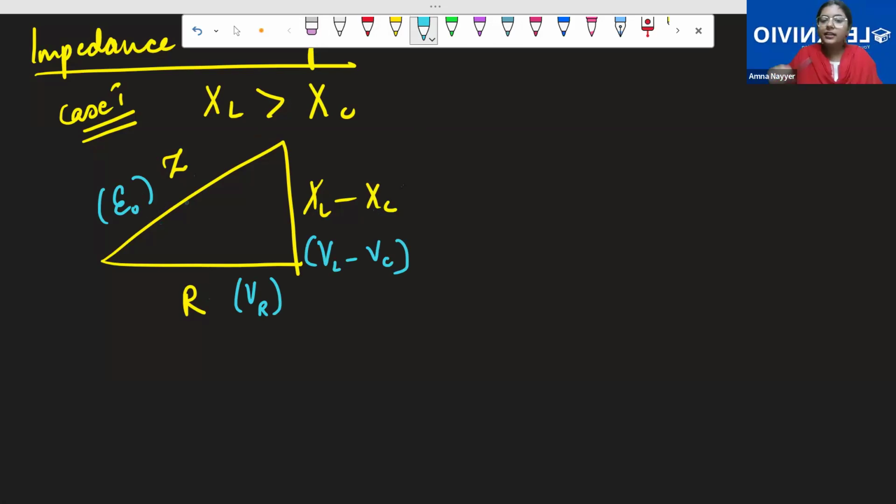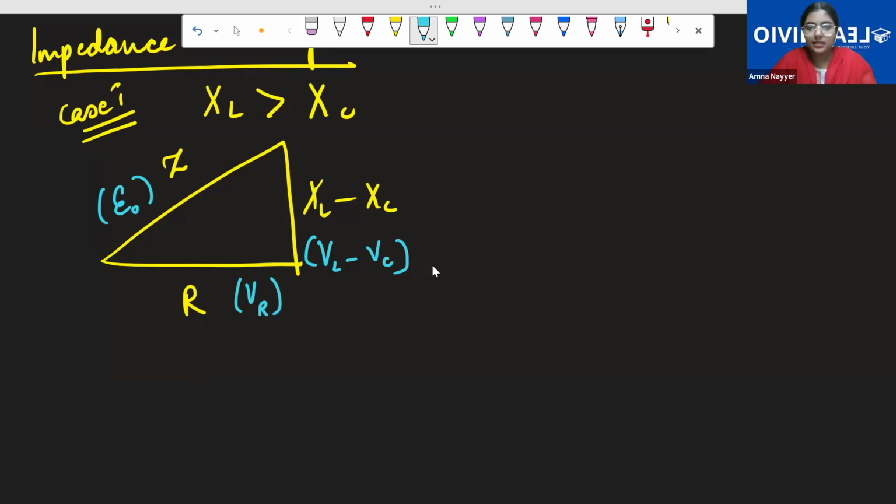Now the net resistance of the circuit, which is represented through the symbol Z, is the impedance. XL, XC, and R are the different values of the resistances of individual components. When you have them all together, the net resistance of the circuit is called the impedance.